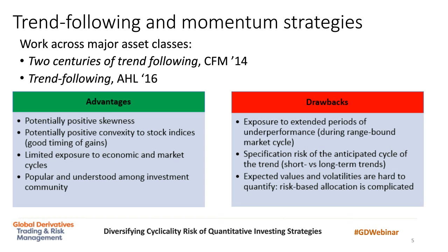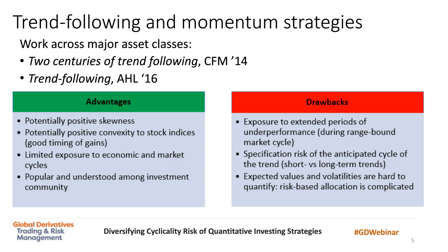The advantage of trend following strategies is that they tend to have positive skewness, and potentially they can have positive convexity, meaning good timing of gains, so that you can gain during market turmoil. They also have limited exposure to economic cycles.